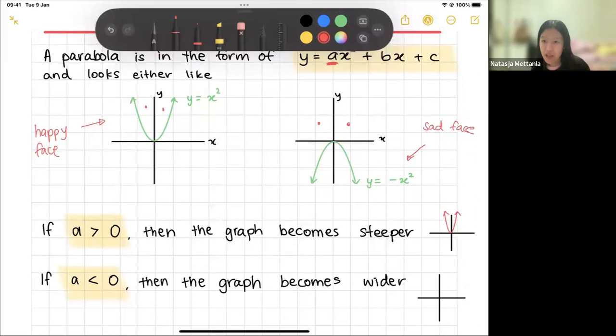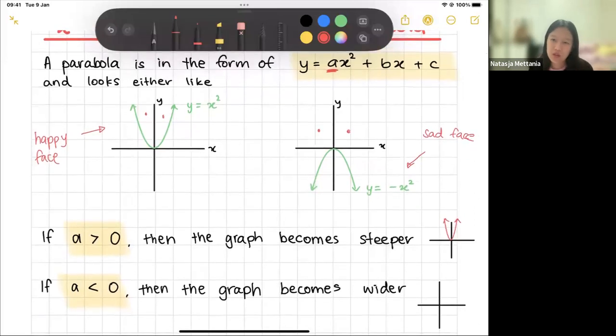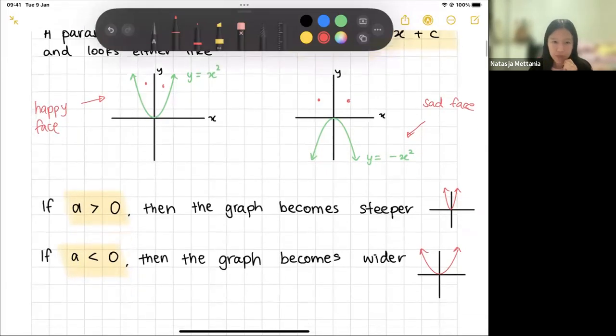If the A is less than 0, so let's say a fraction, then the graph becomes wider. So it becomes something like this. Those are the two differences that you need to look for.